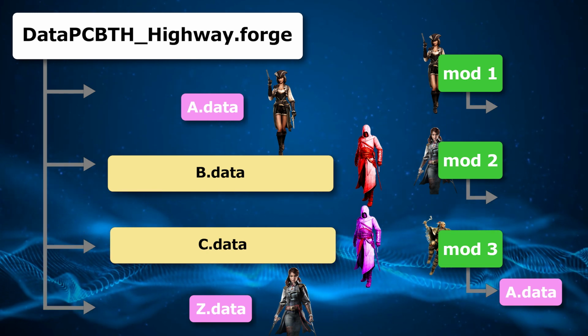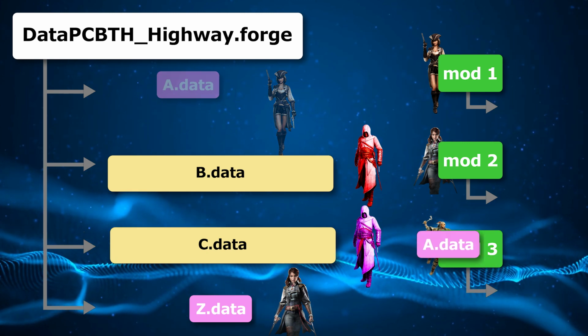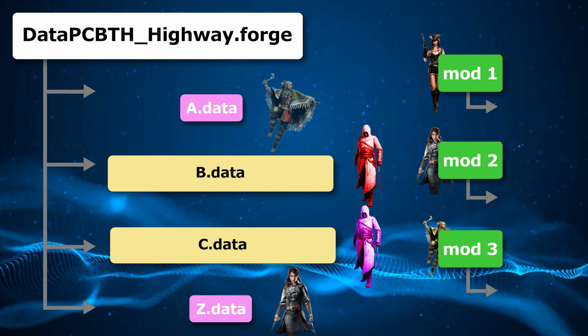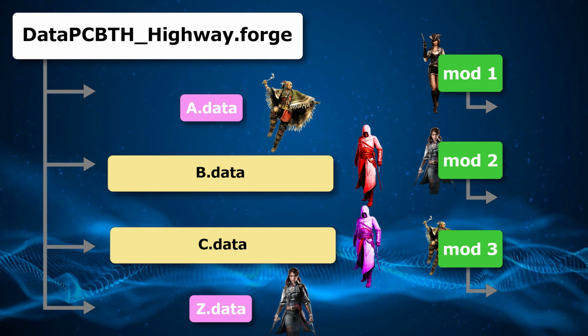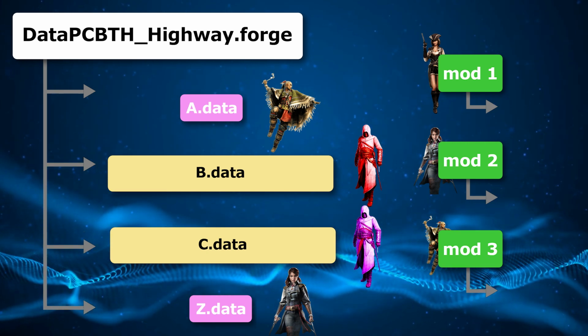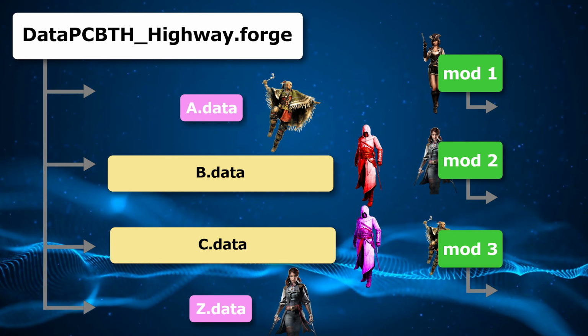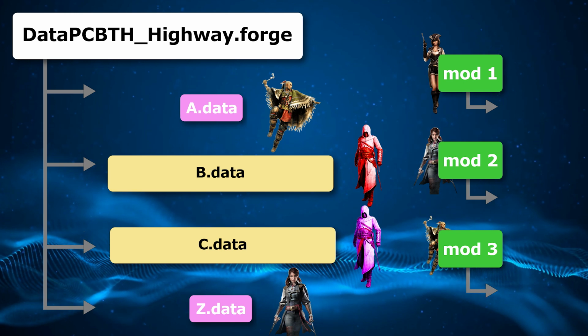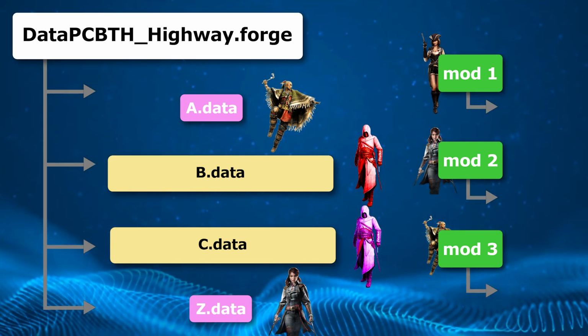Mod 3 also replaces data file A. So if we put that in and we go back in game, you won't see mod 1's outfit anymore. You will see mod 3's outfit. So that is where you have to make a choice, because both mods use the same file, and that's how you have to decide on certain mods.